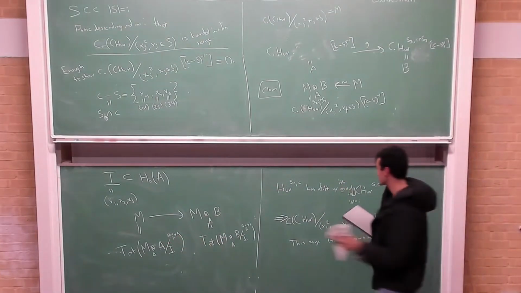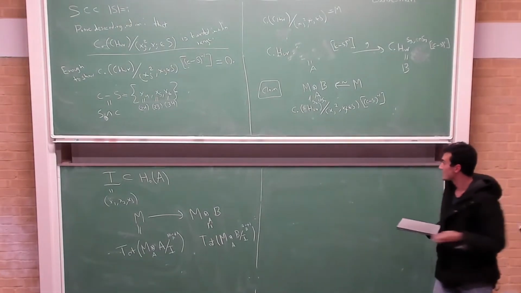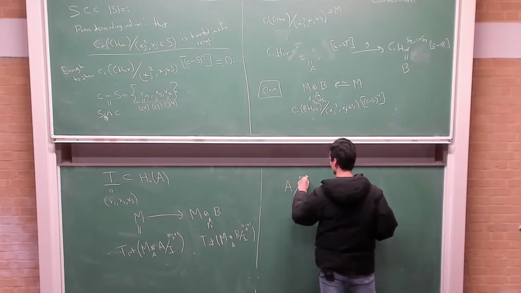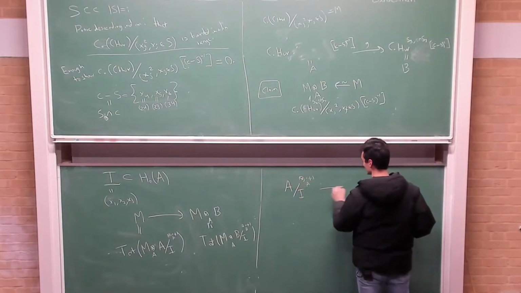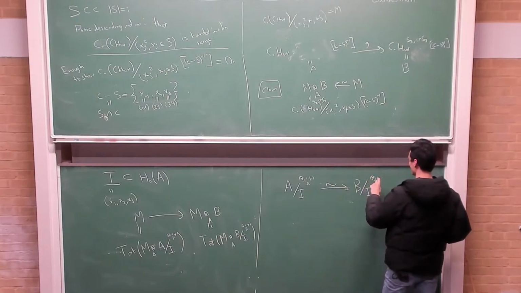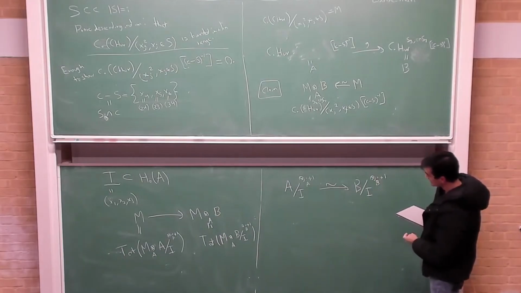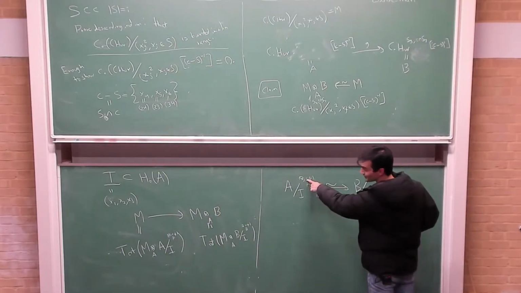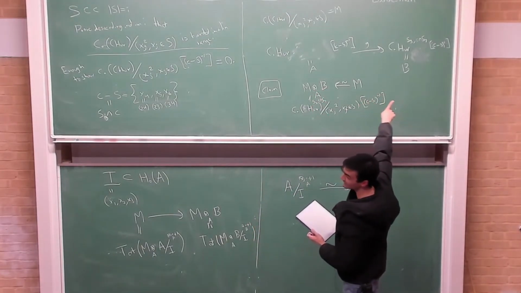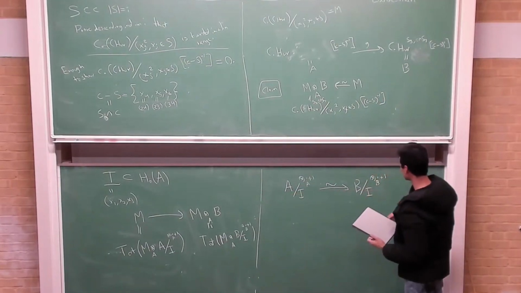And that amounts to showing that when you take A mod I tensored bullet plus 1 over A, that's the same as tensor powers of B mod I over B. And so for bullet equals 0, this is obvious because the map on H naught is surjective and the kernel is exactly I. And so this is just true.